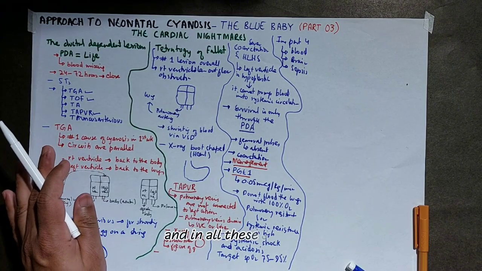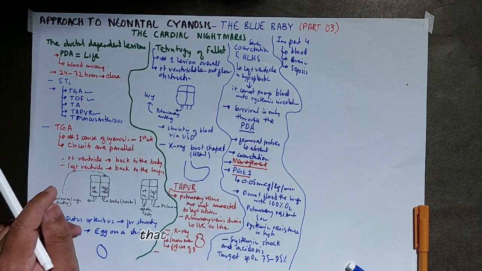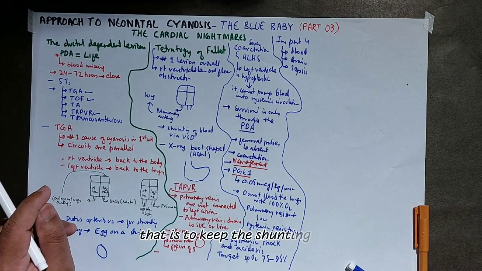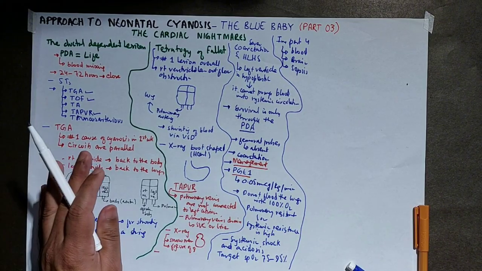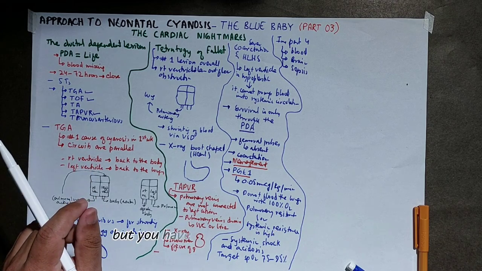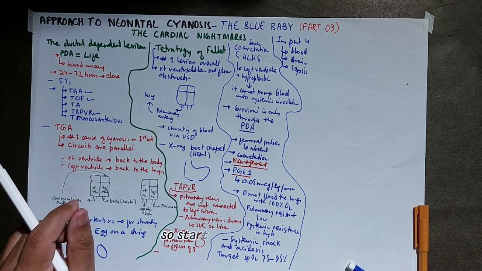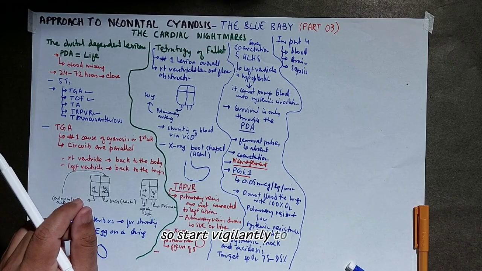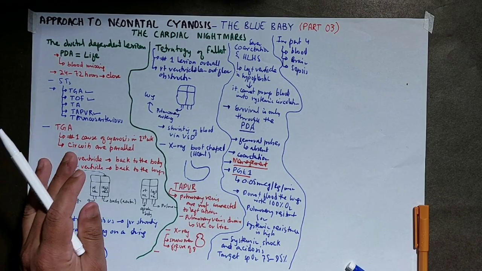And in all these scenarios, we have a single management plan, that is to keep the shunting open so that mixing of blood can occur and the baby can survive. But you have a very narrow window to act. So stay vigilant to keep your neonate alive.